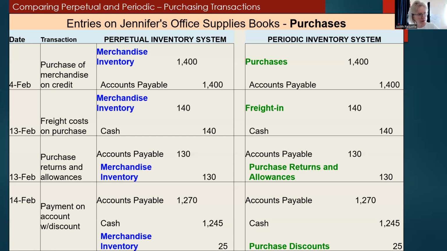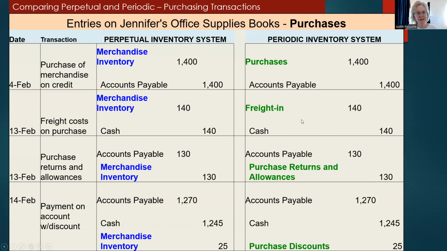These accounts in green that you see here, purchases, freight in, purchase returns and allowances, purchase discounts, they are temporary accounts. Until we count inventory, we don't know what cost of goods sold is, and we don't know what ending inventory is. So debit purchases, debit freight in, credit purchase returns and allowances, credit purchase discounts.